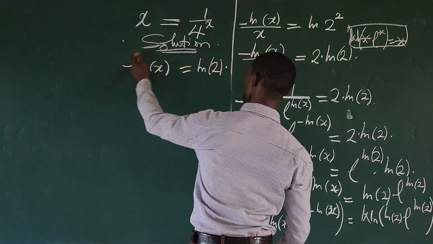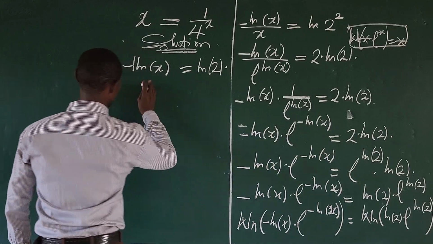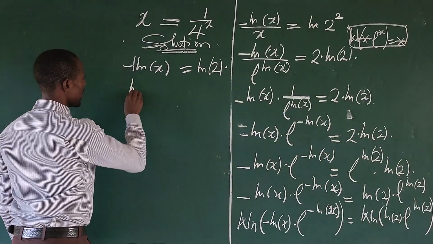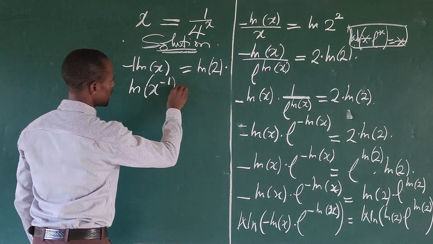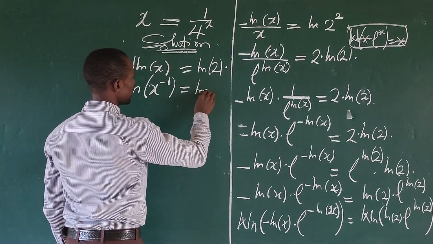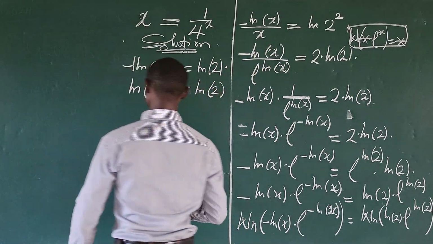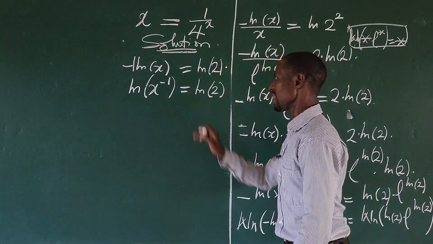So we can move it to the exponent. So we're going to have ln of x to the power of minus 1 equal to ln of 2.